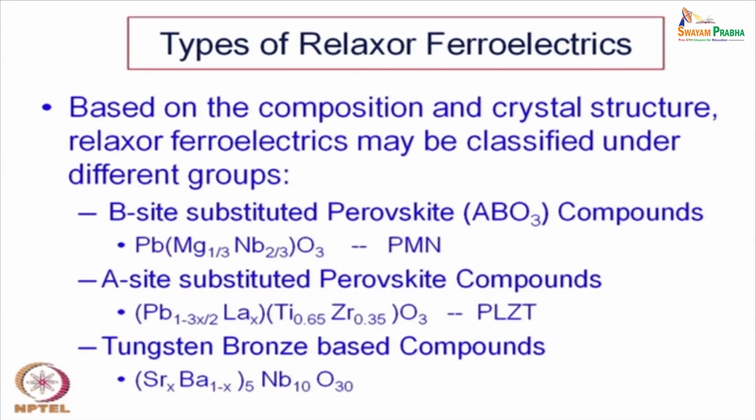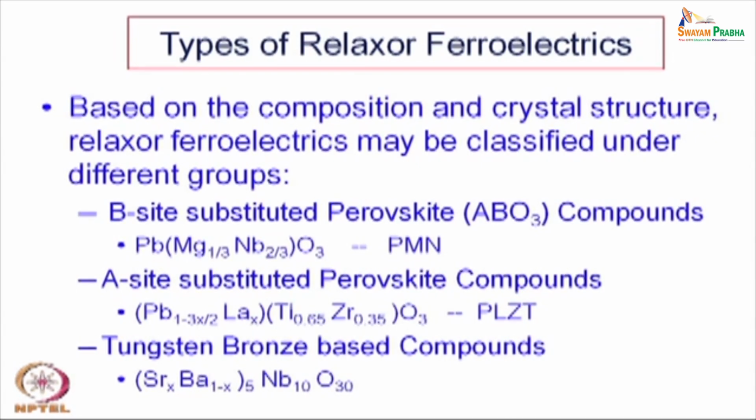So, strontium has been substituted for barium in a certain fraction, and then the total formula becomes Sr x Ba 1 minus x, 5 Nb10O30. So, these are the three main groups of compounds. There are a large number of compounds under these three categories, and all of them have so-called Relaxor ferroelectric behavior.